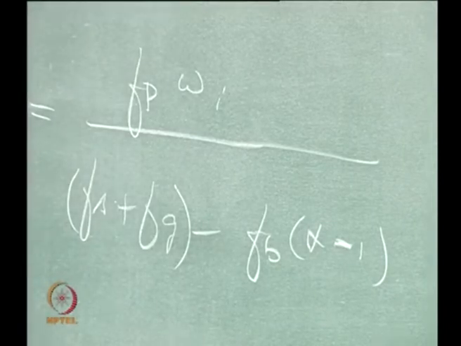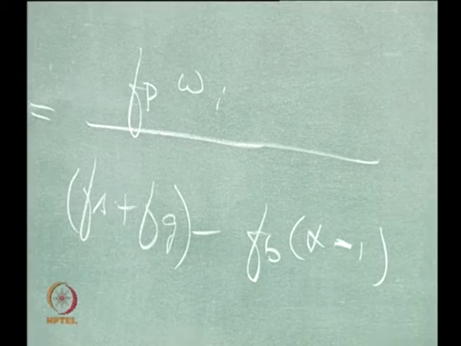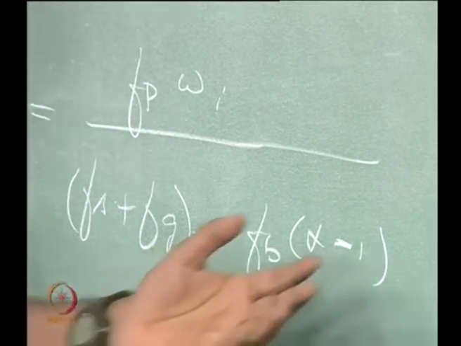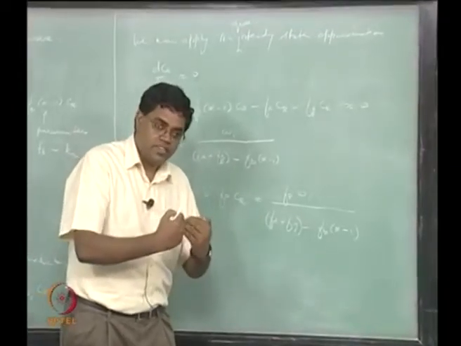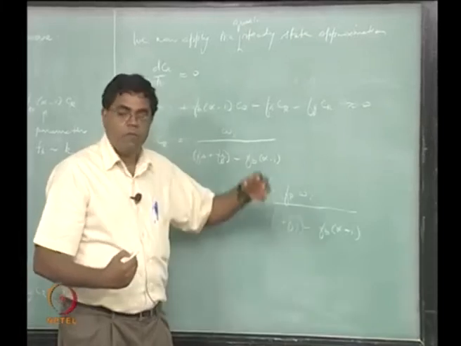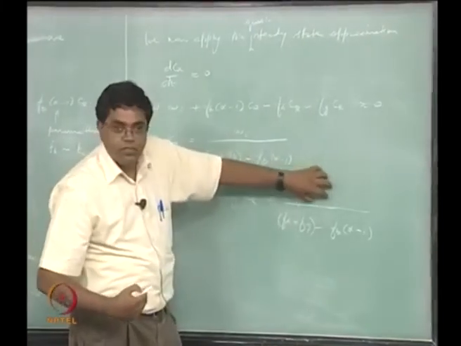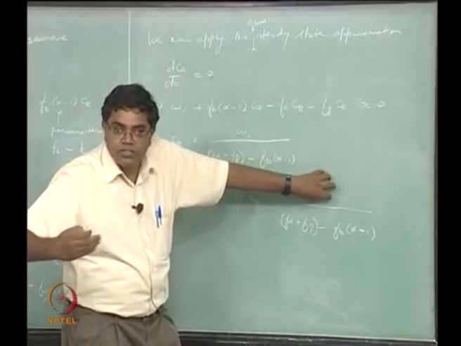In other words, the rate of production of your final products depends on the interplay between the rate of production and rate of consumption of the intermediates for a given rate of initiation of the intermediates.